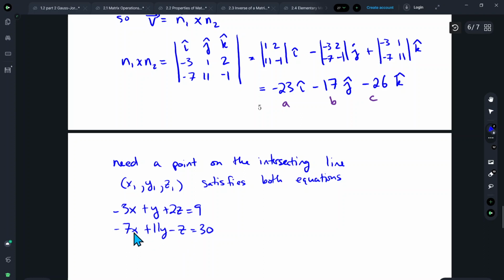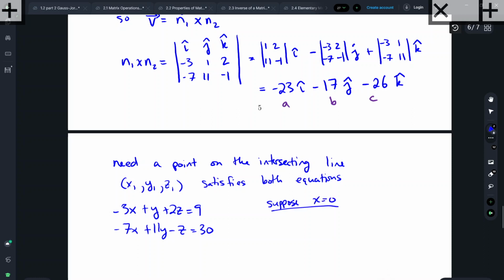What we can do is eliminate, say, the x variable by taking x equals 0, because surely we can find a point that satisfies the equations where the x coordinate is equal to 0. So suppose x is equal to 0. So you've got two equations: y plus 2z equals 9, and 11y minus z is equal to 30.